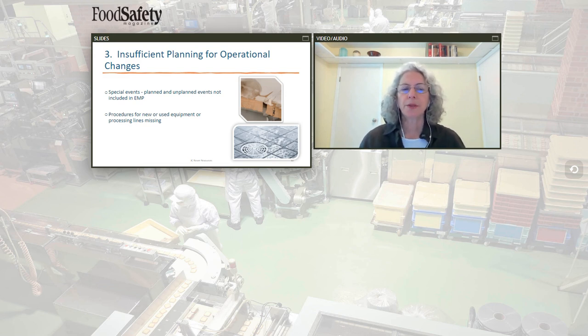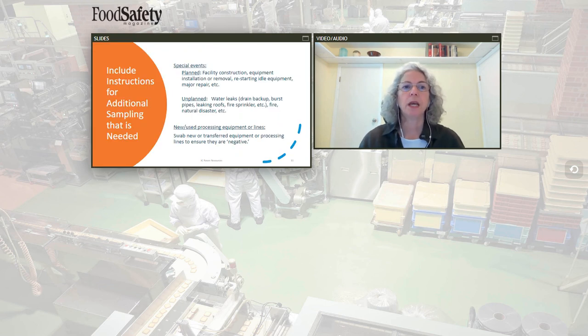Another area, the third area that I see, is insufficient planning for operational changes. Whether those are special events, planned and unplanned events are often not included in an EMP, and procedures for new or used equipment may be missing. So some things that can be done for special events, for planned events, construction, equipment installations, maybe restarting idle equipment.